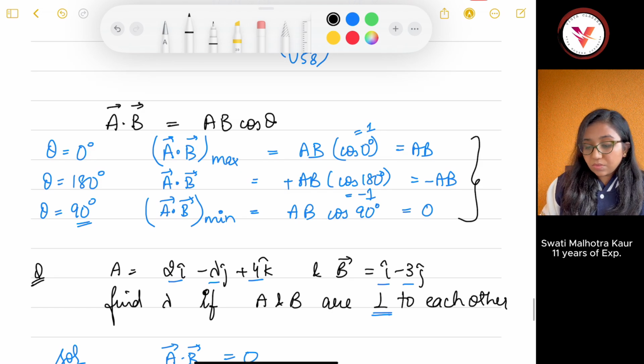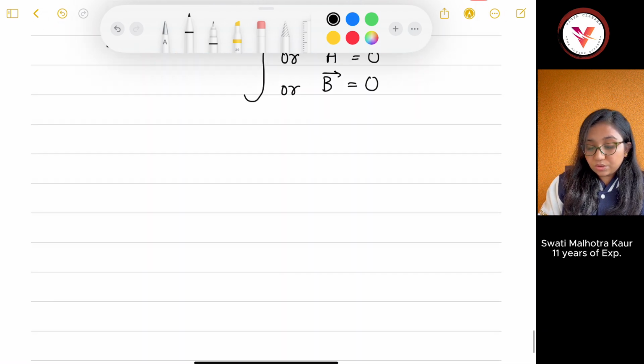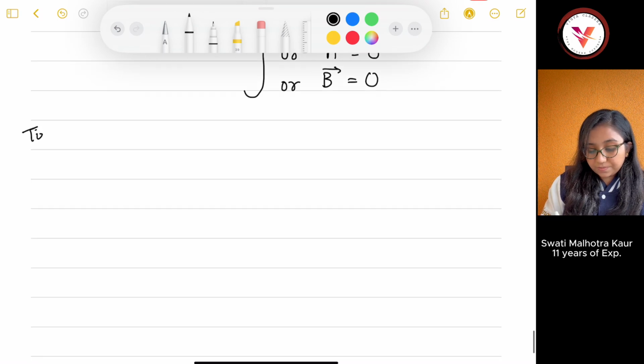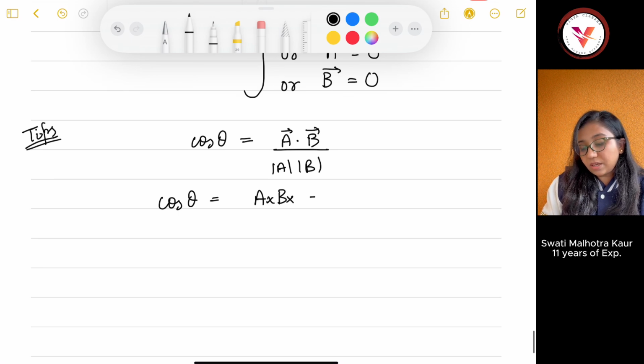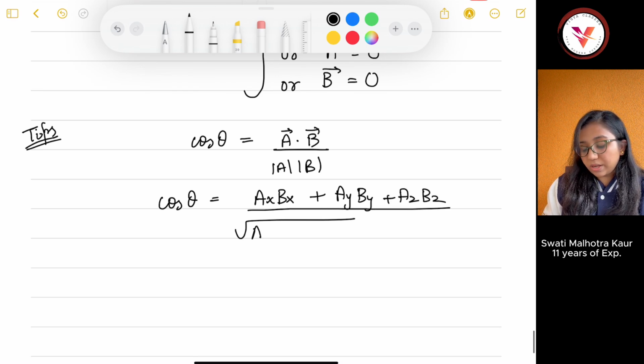Now I am giving you two tips to calculate the angle. For cos theta, you can use the formula of a dot b over magnitude of a into magnitude of b. a dot b can be calculated as ax bx plus ay by plus az bz, and the magnitude can be calculated as the square root of ax square plus ay square plus az square, and similarly for b with bx square plus by square plus bz square.